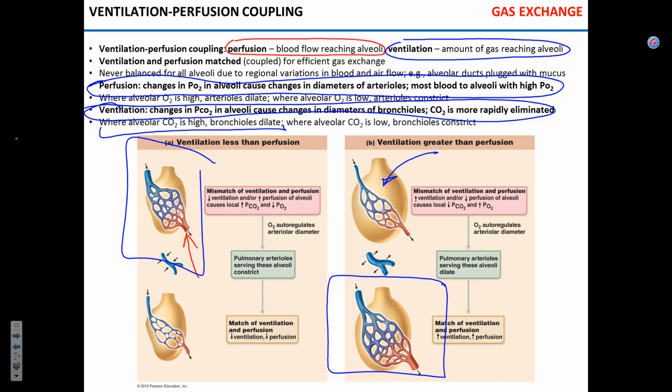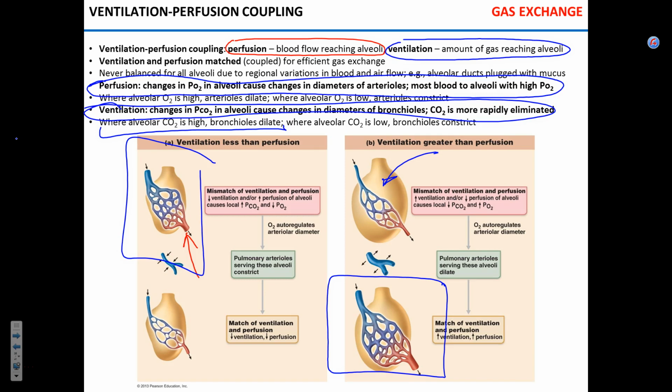You want to expel it faster. Does that make sense? How can you expel it faster? Open up the bronchioles. You see? So bronchioles that lead to alveoli with a higher concentration of CO2 will expand.